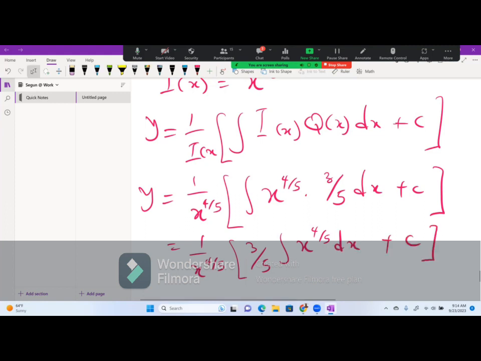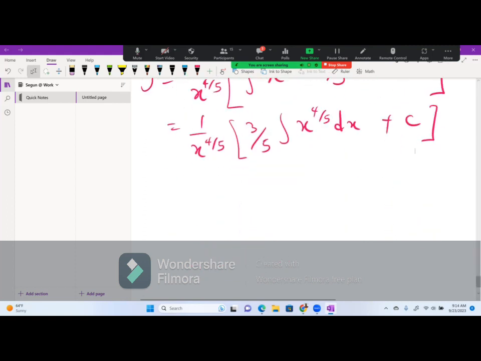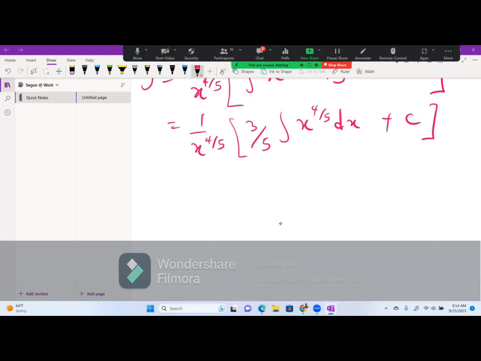So when you integrate this, what do you have? Anybody? Okay, let me just integrate this one alone so that you can see where we are going. It is very simple.